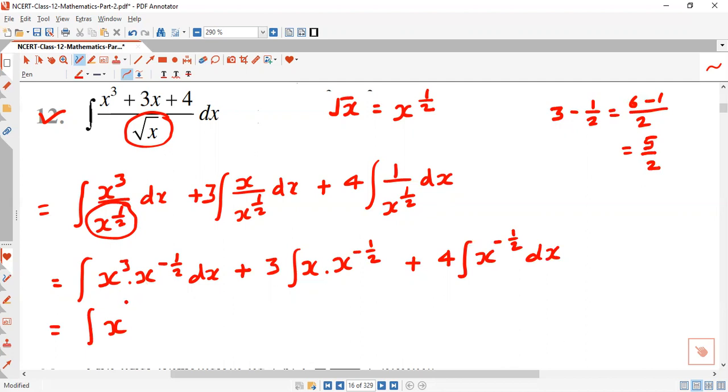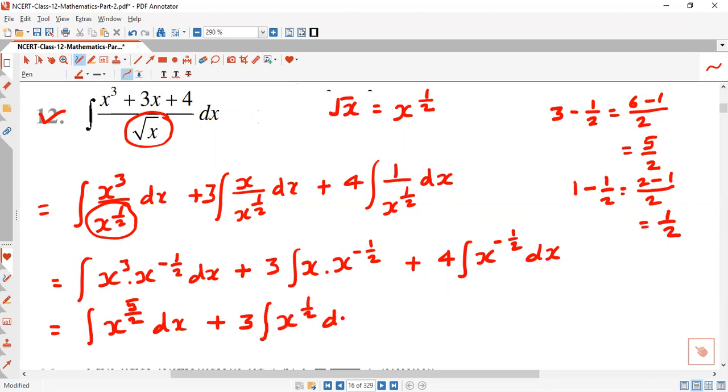So x raised to 5 by 2 dx plus 3 times, 1 minus half, taking 2 as the LCM, 2 minus 1, is 1 by 2, integration of x raised to half dx, plus 4 times, same thing, x raised to minus half dx.